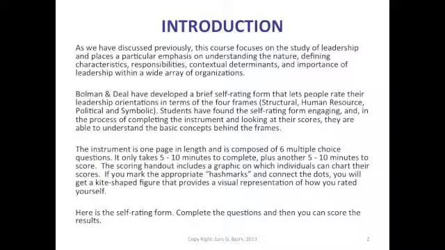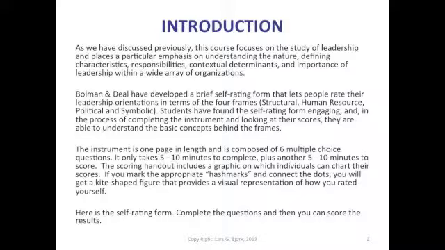Welcome. In this session, what I'd like to do is introduce you to the Frames self-rating scale. As we've discussed previously, this course focuses on the study of leadership and places a particular emphasis on understanding the nature, defining characteristics, responsibilities, contextual determinants, and the importance of leadership in a wide array of organizations.